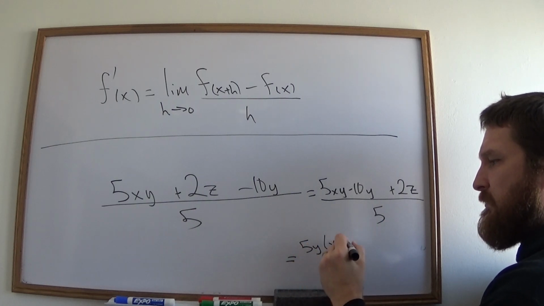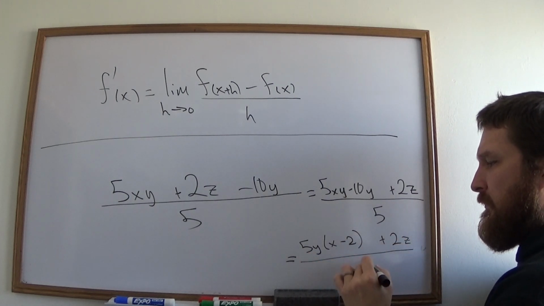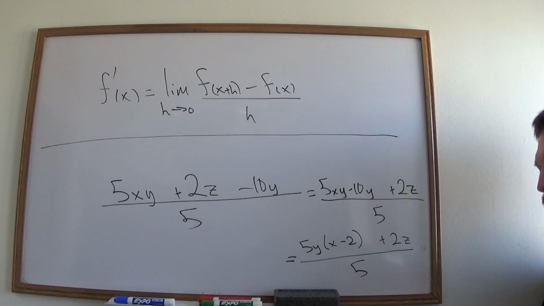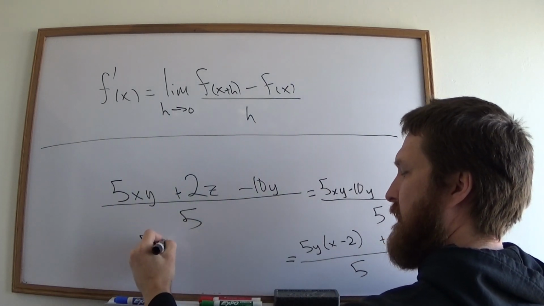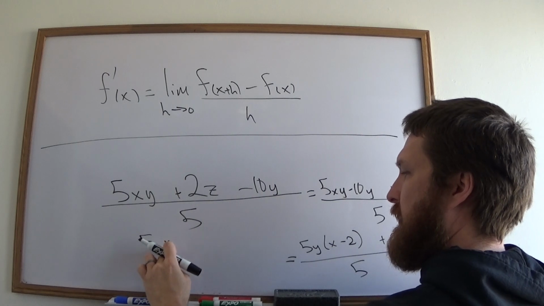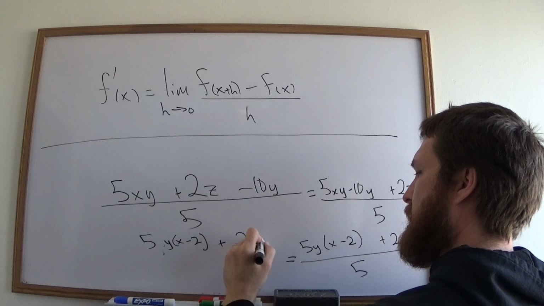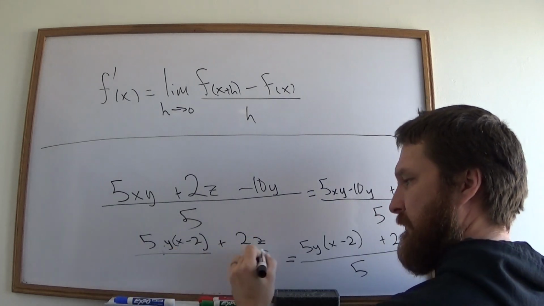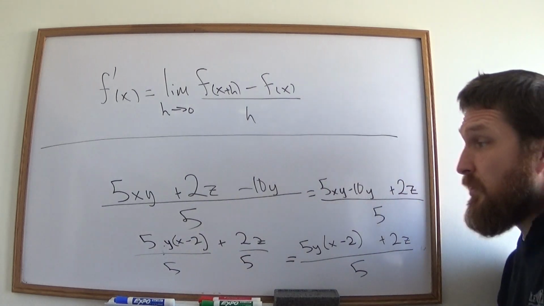And you have an x minus 2 left over. What do you want to do with that? You could split it up. So you have 5y times x minus 2 plus 2z, and you're saying split up like that? Yeah, that's just what you do.